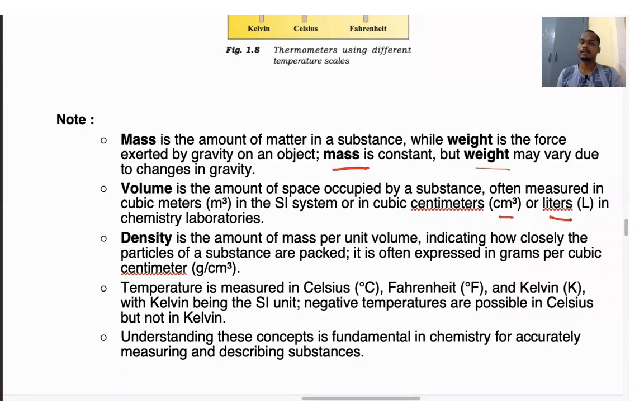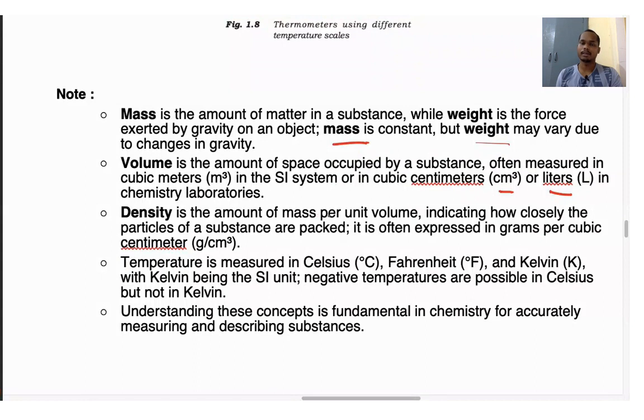Density is the amount of mass per unit volume, indicating how closely the particles of a substance are packed. It is often expressed in gram per cubic centimeter, the mass divided by the volume.